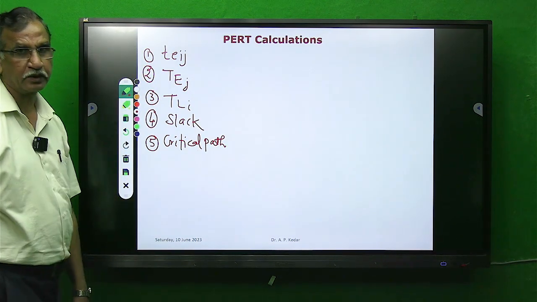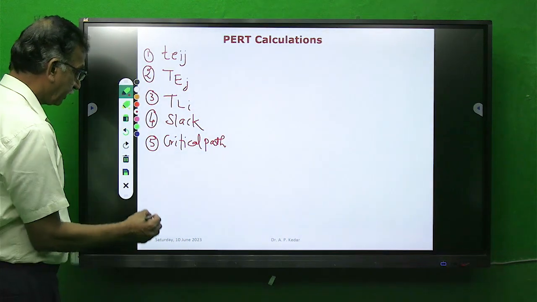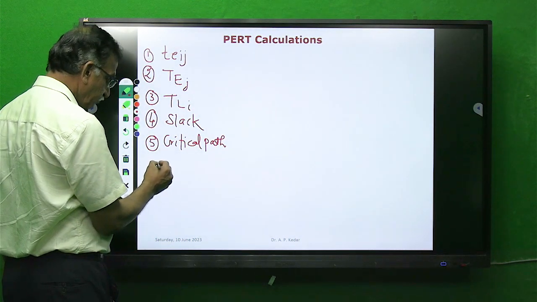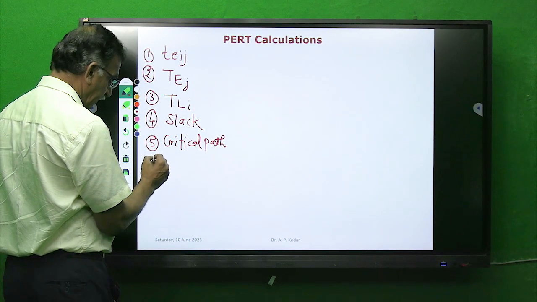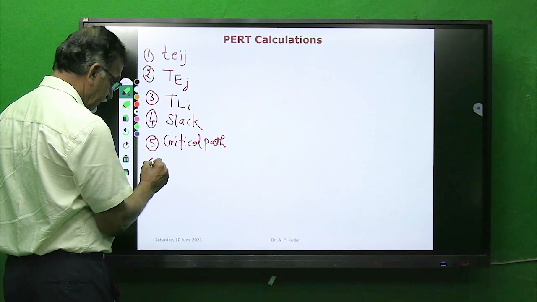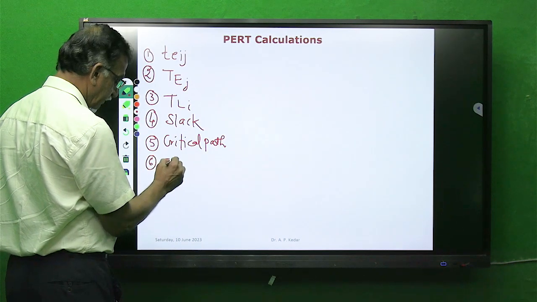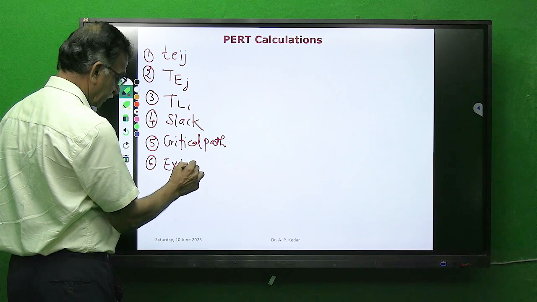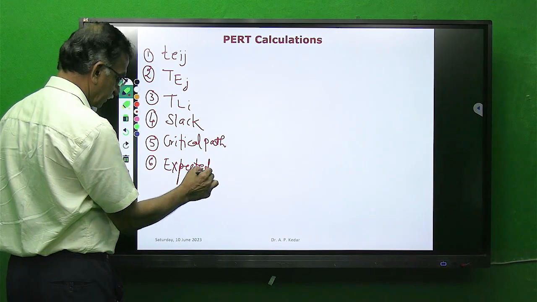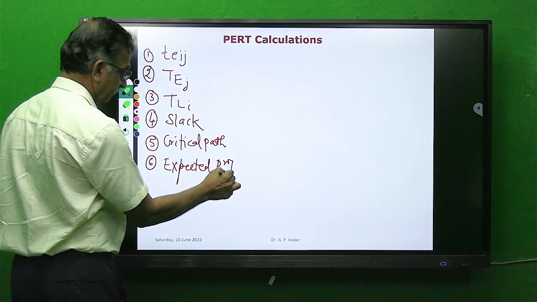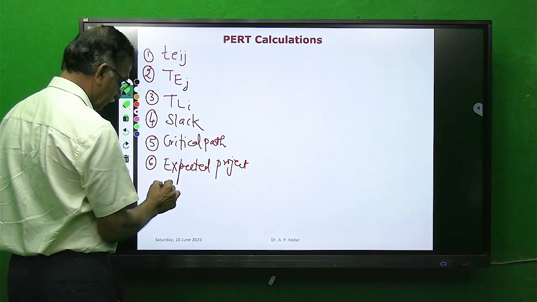And once we find critical path, we have to find expected project duration.